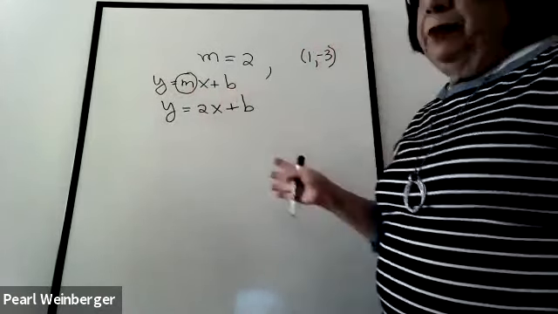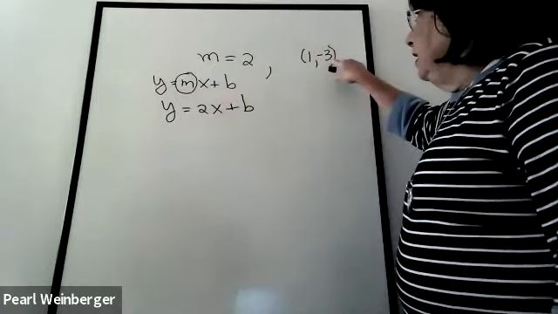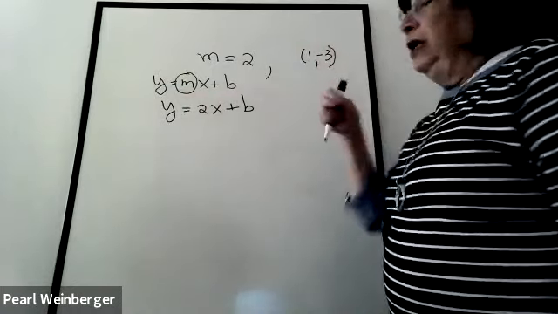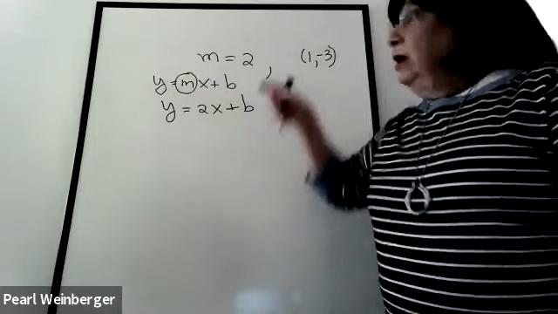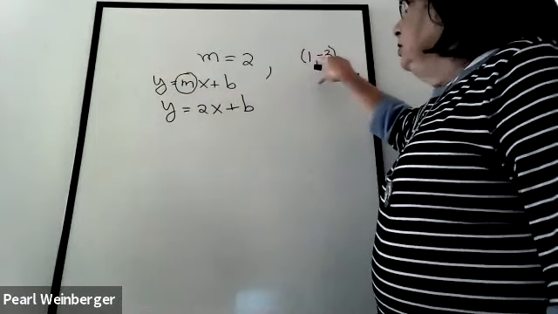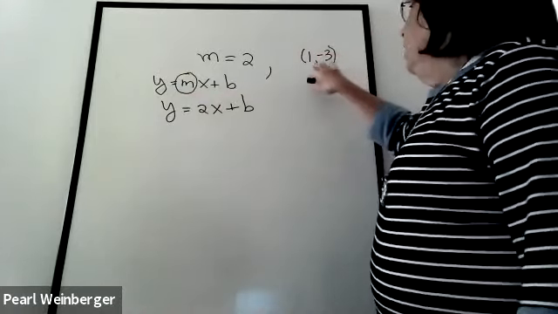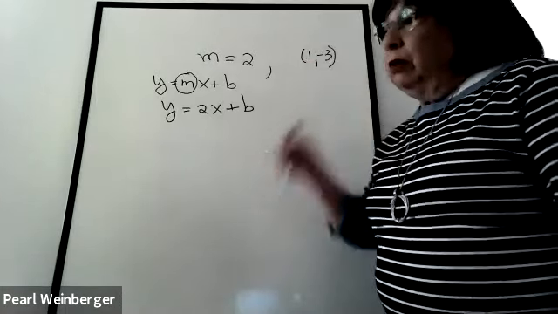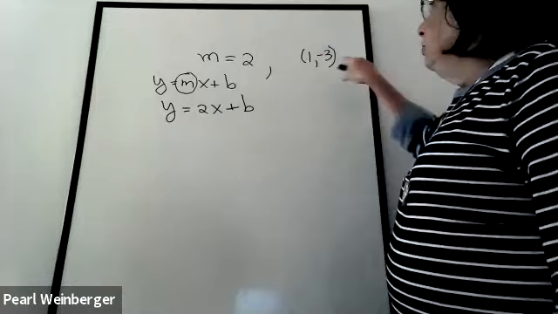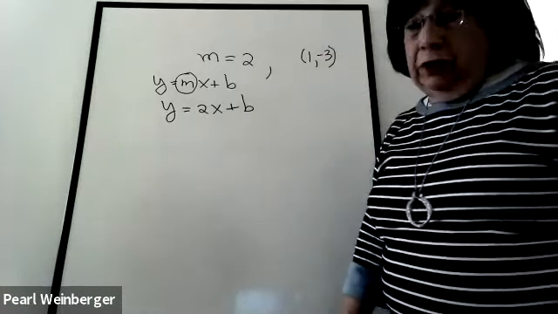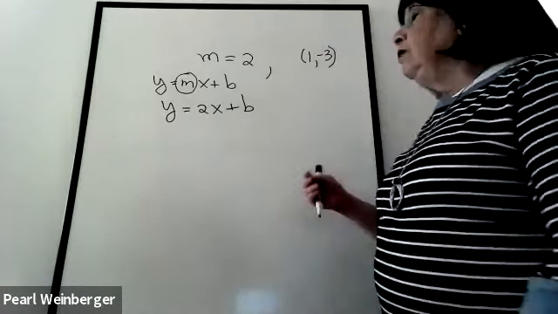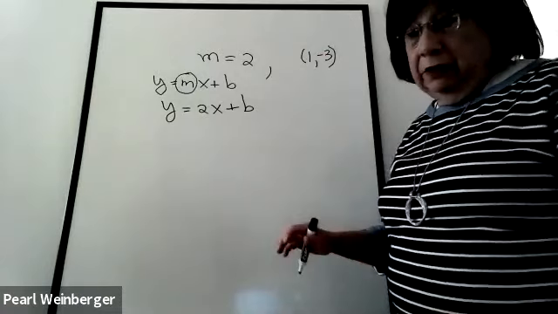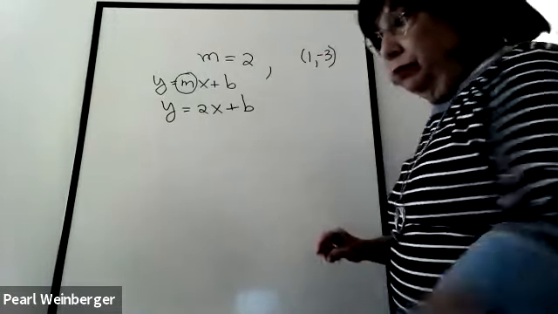I don't know what the b is. The b is not negative 3. Negative 3 is not the y-intercept. This point is just giving us any old point. Since the x is not equal to 0, the y-intercept is not negative 3. How are we going to figure out what the y-intercept is? Well, here's what we're going to do.